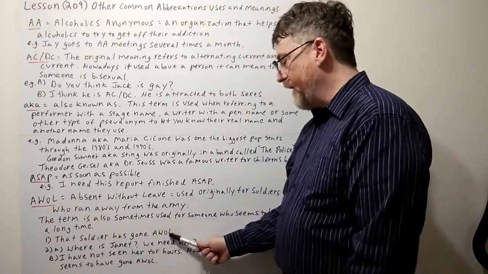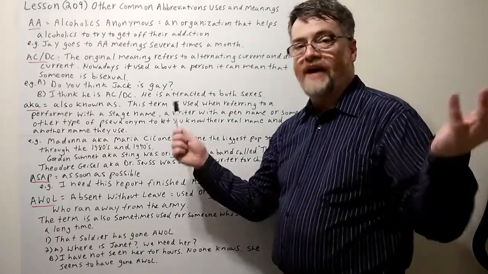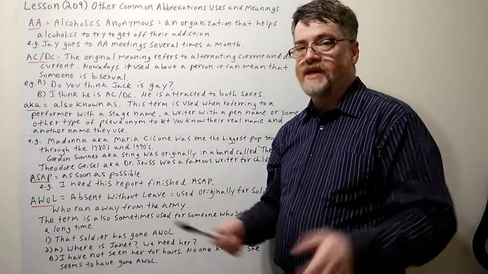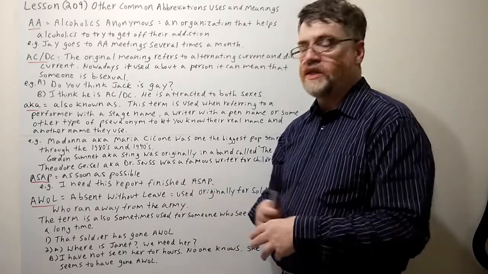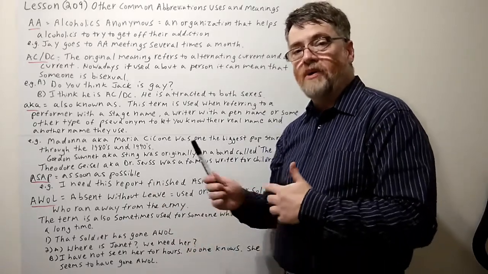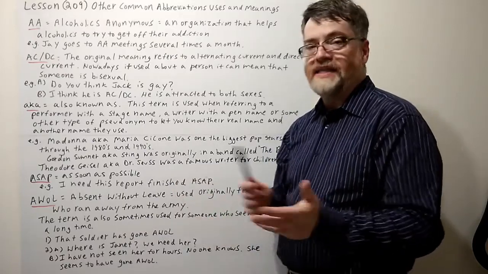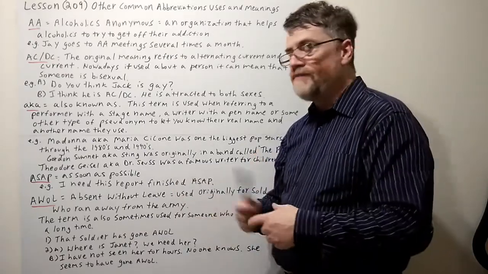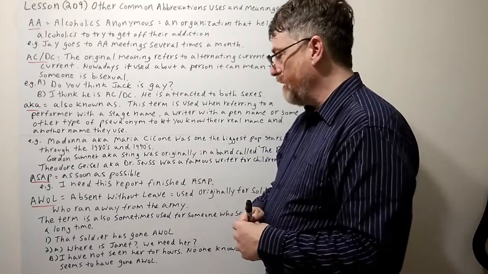That soldier has gone AWOL. If a soldier just ran away from the army, he didn't want to go through his whole time, especially if it was a war situation, he decided he couldn't take it, he would be AWOL. Of course, that's illegal, and they would have to search him down, if they know he did that.